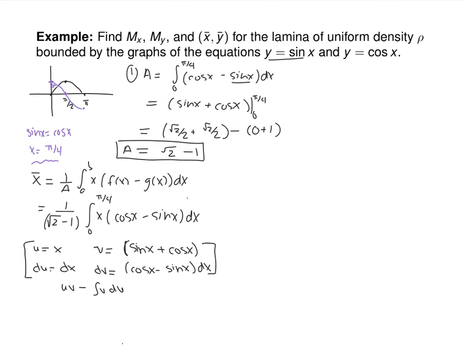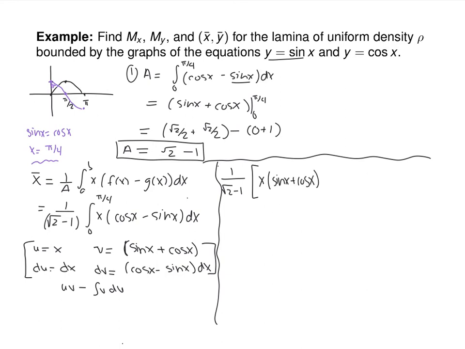So now plugging that stuff in, we have that 1 over root 2 minus 1 out in front, uv, so x times sine x plus cosine x, that's evaluated from 0 to pi fourths, minus v du, so minus the integral from 0 to pi fourths of sine x plus cosine x.